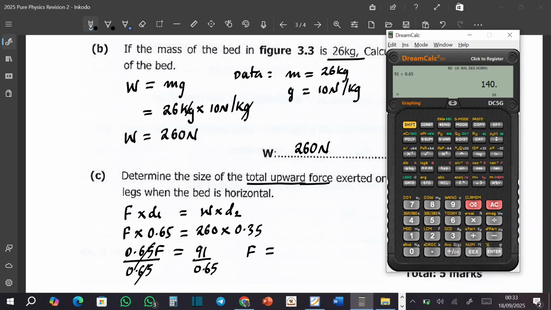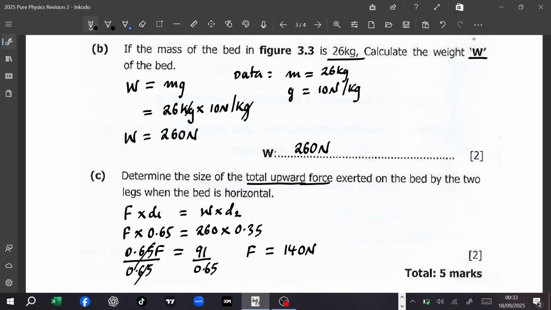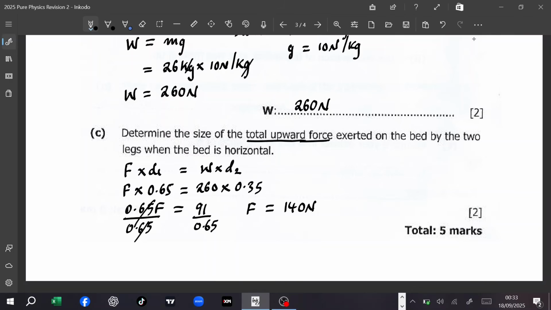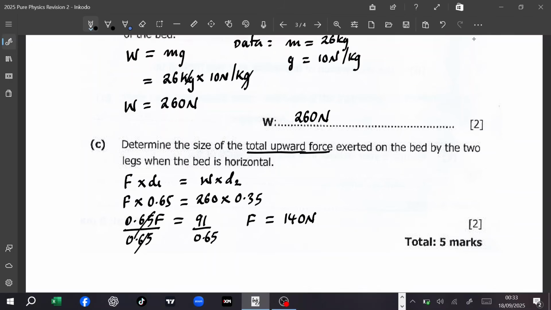We are getting about 140, so it will be 140 Newton. That will be the force they are looking for. Determine the horizontal force, that is the answer. So we move on to the next question.